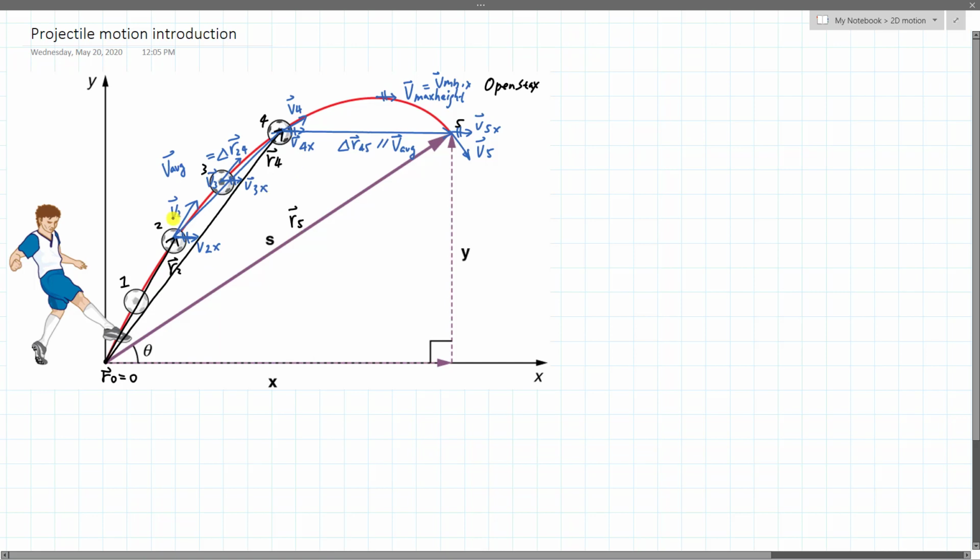On the other hand, the y velocity, if I drew it out, would be diminishing as it goes out, right? So let's move that velocity mark right here. So this will be the y velocity, v2y. And v3y is only this long, it's shorter.